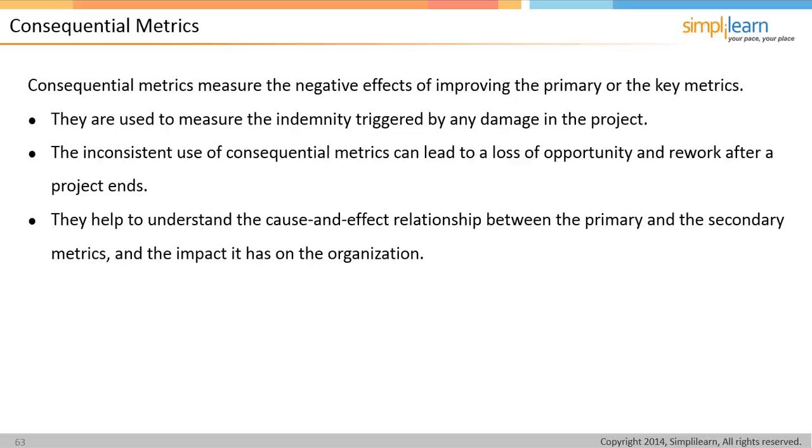So, we don't want to cause harm. So we might have a constraining Y. Consequential metric is another way to say that.